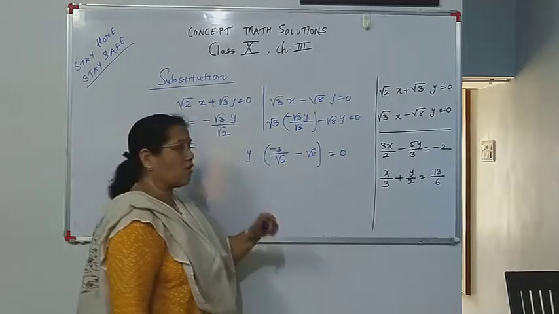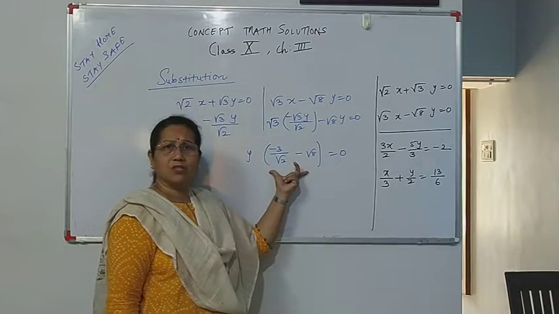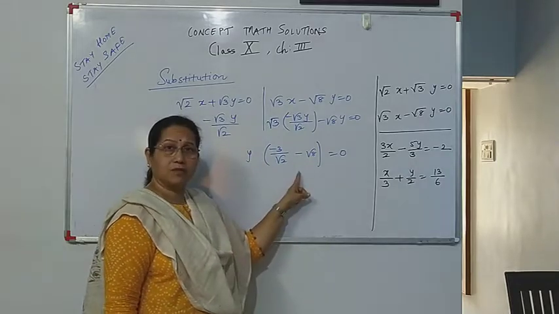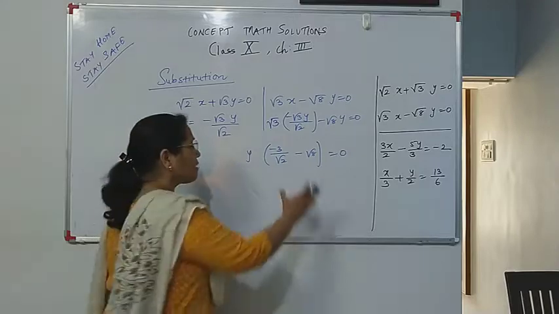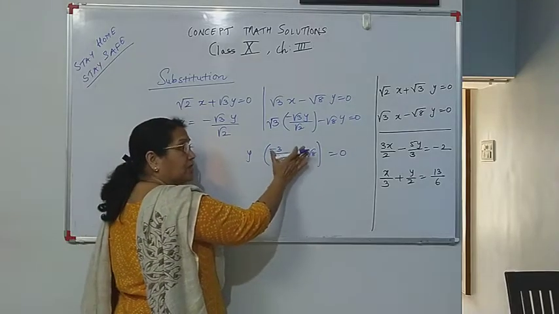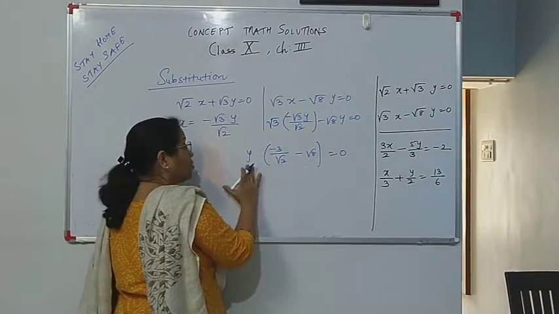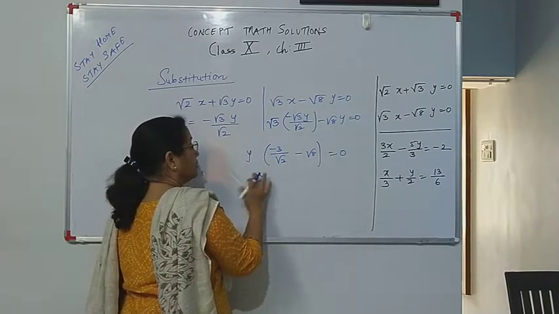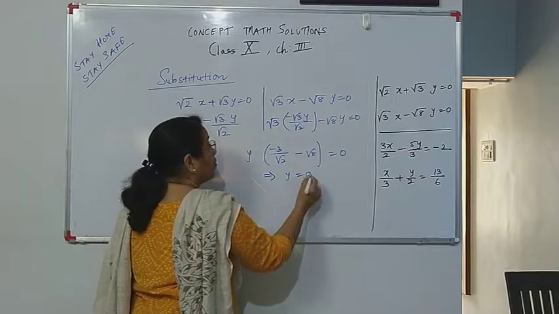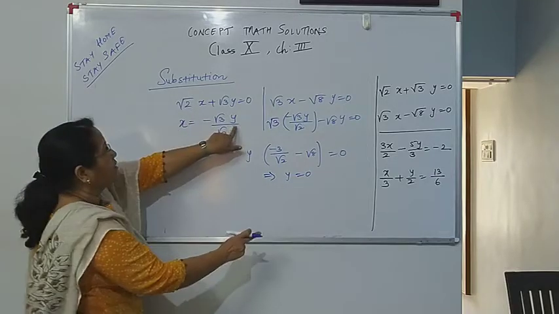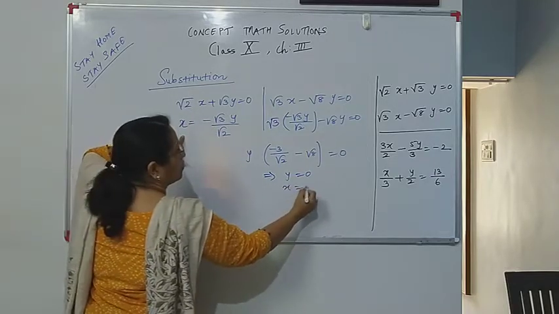Now we need not solve further because anyway this term is not 0. Product of two terms is 0. That means one of the terms has to be 0. This is a constant term. It's not equal to 0. So y has to be 0. So this implies that y is 0. Now y is 0. If I put here, I get x also 0.